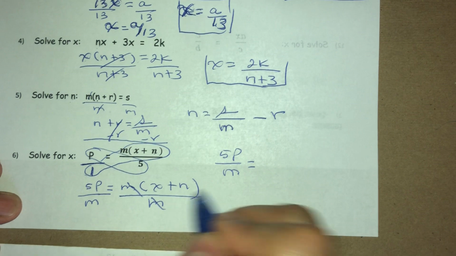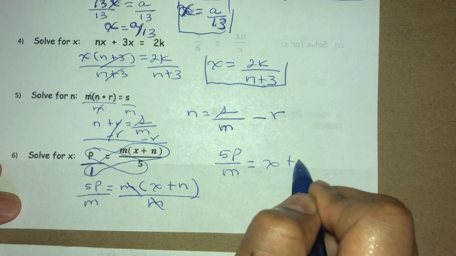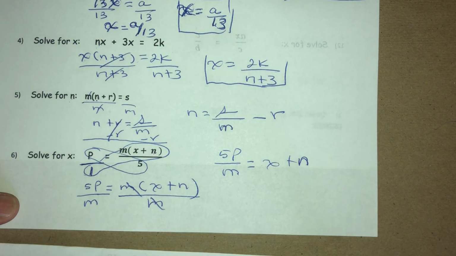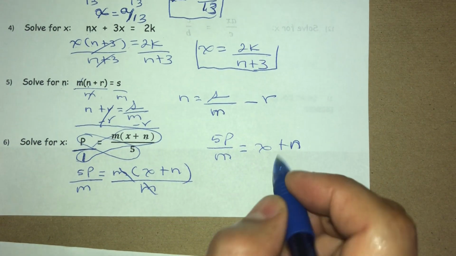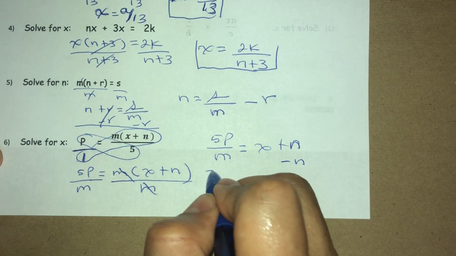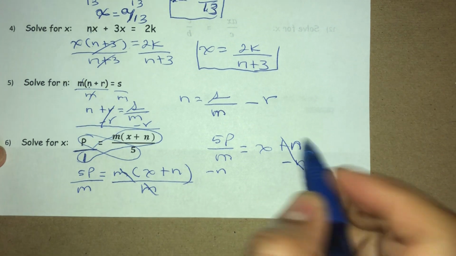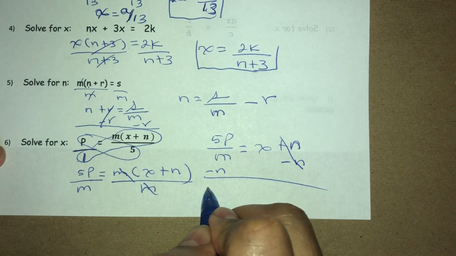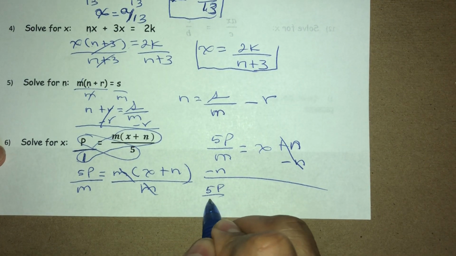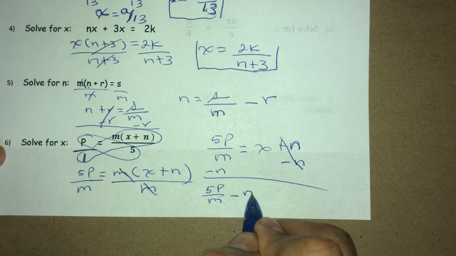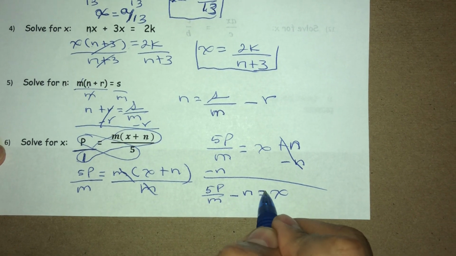Equals x plus n. And since I'm solving for x, I'm going to subtract n on both sides, right? So I will have, just be careful how you write your answer, 5p over m minus n equals x. That should be your answer.